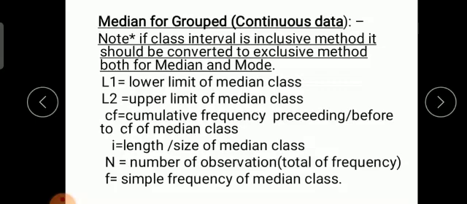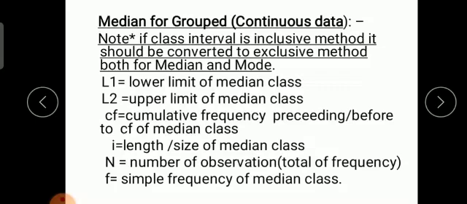Inclusive includes both the lower limit as well as the upper limit in the same class interval. Exclusive includes the lower limit in the same class interval, but the upper limit is excluded from that class interval and it becomes the lower limit of the next class interval.